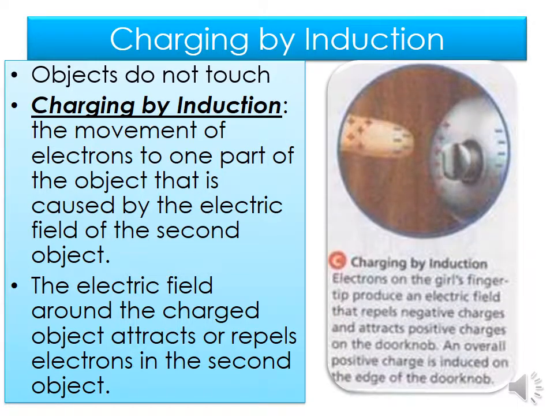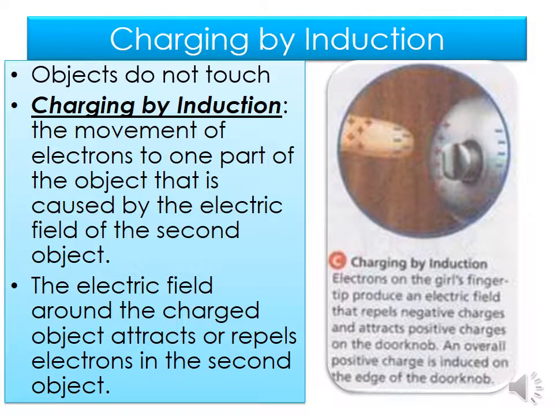Now, you can see here in this example, the girl's finger is not touching the doorknob, but you can see the negatively charged particles on the girl's finger. She got the negative charges from the sock, they transferred by conduction from the sock to the girl, then distributed throughout her body.